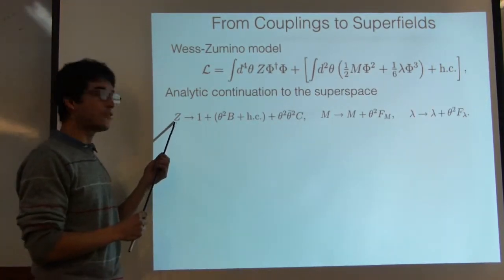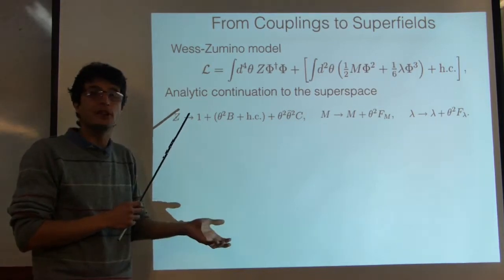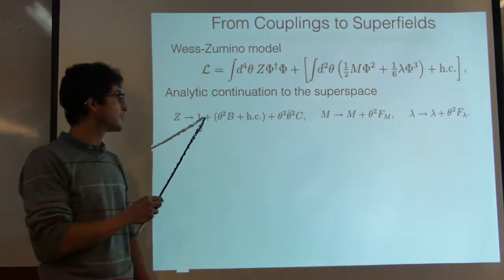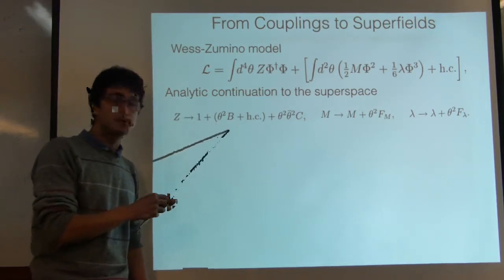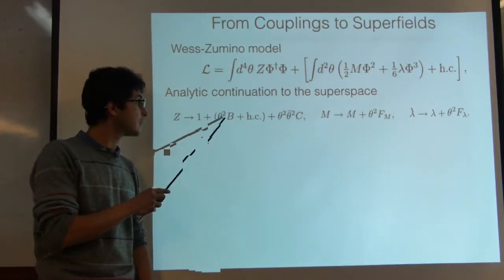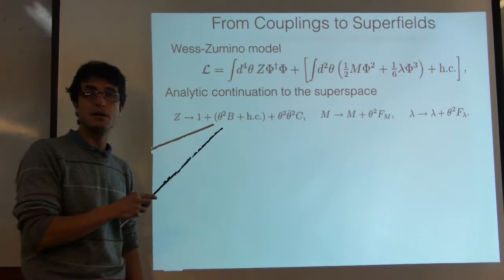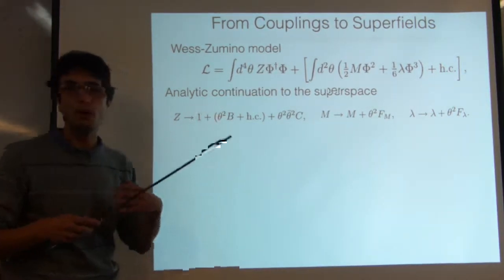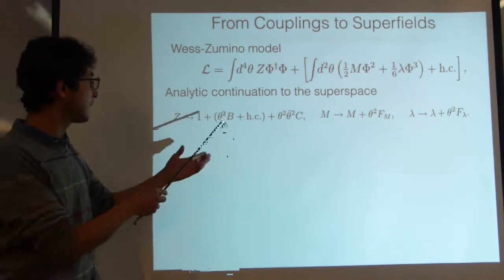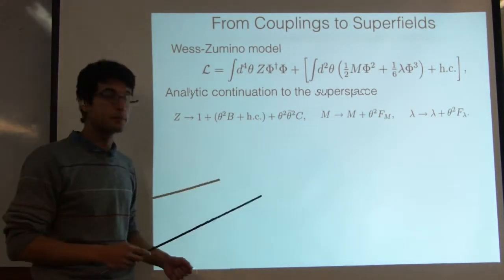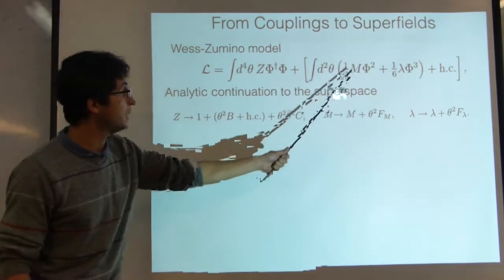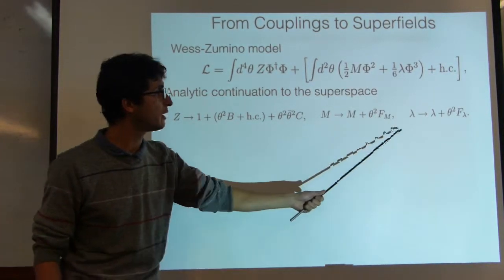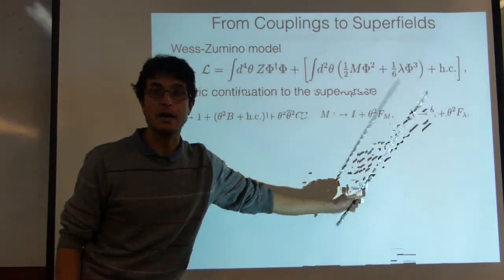So this wave function is going to be some number plus some part in the theta direction, that is going to play the role of an auxiliary part in here. The same for the mass here, that is going to have a mass term and an auxiliary part, and the coupling as well.